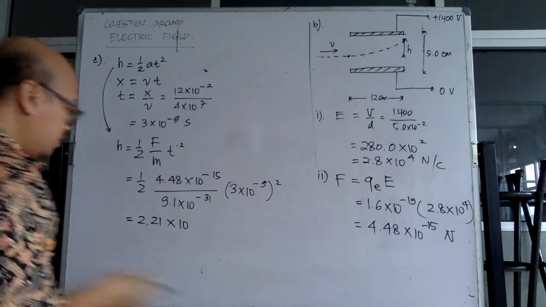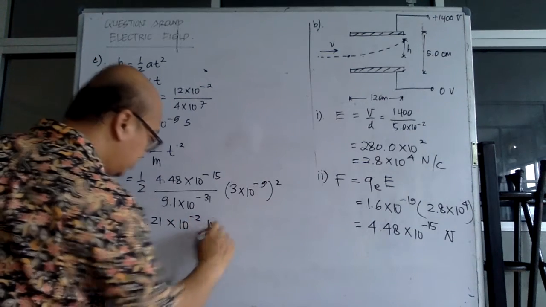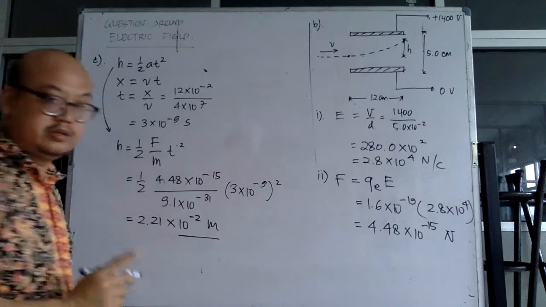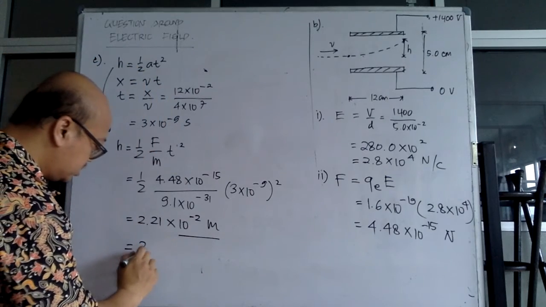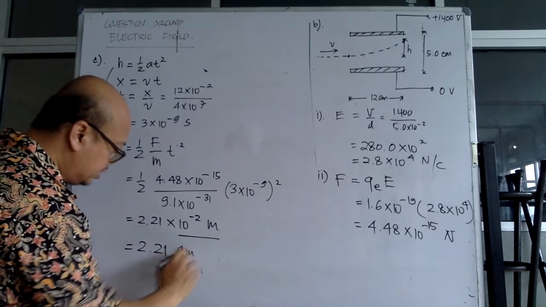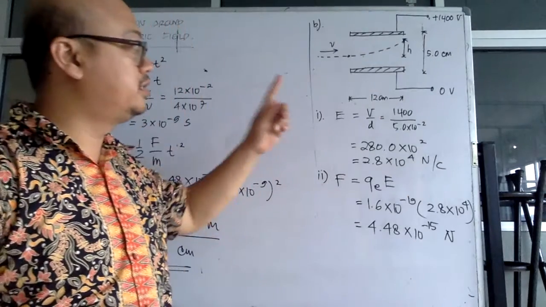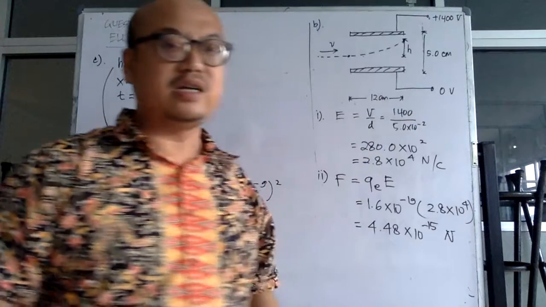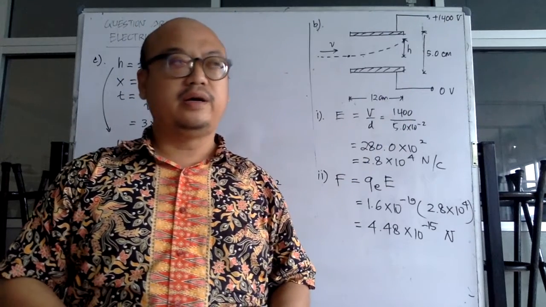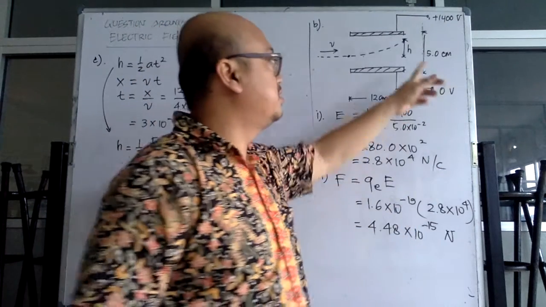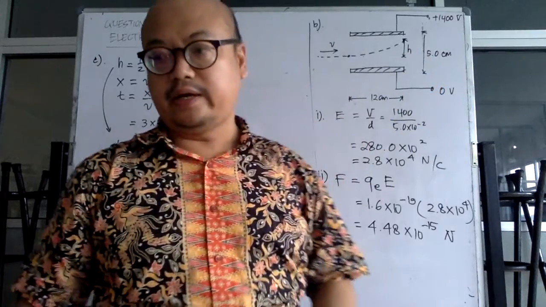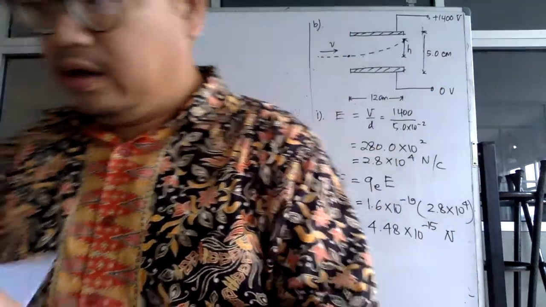So h is 2.21 times 10 to the minus 2 meters, which is the same thing as 2.21 centimeters. Finally we get h is 2.21 centimeters. Actually this is reliable.